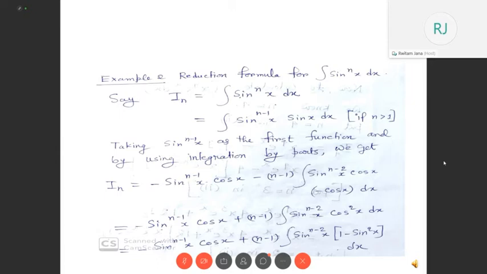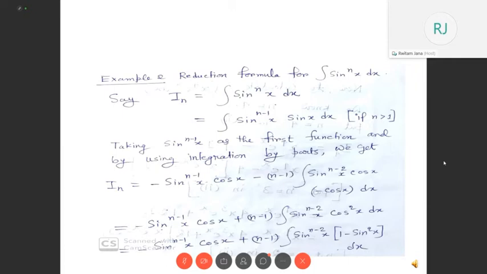As usual, just like in the previous case, take I suffix n equals the integral of sine to the power n x dx, and write sine to the power n x dx as the integral of sine to the power n minus 1 x into sine x dx. Obviously n is greater than 1 here.